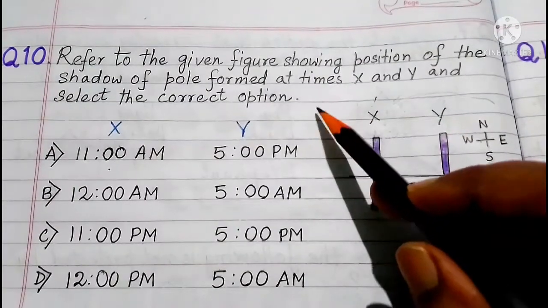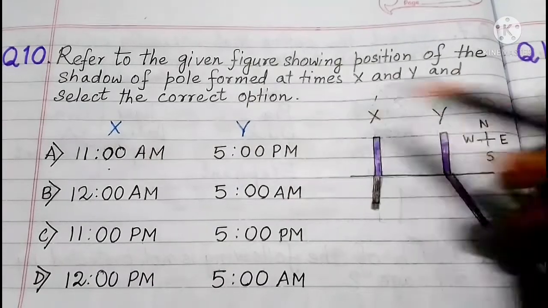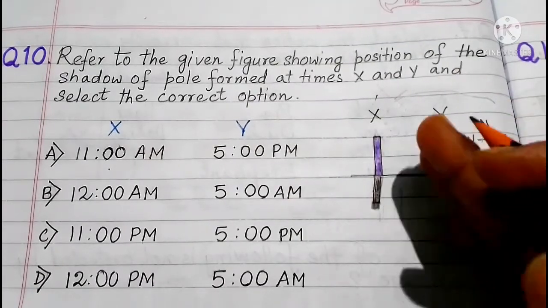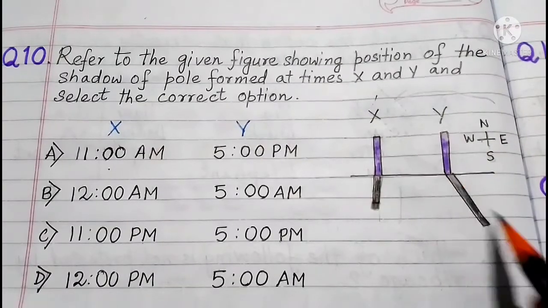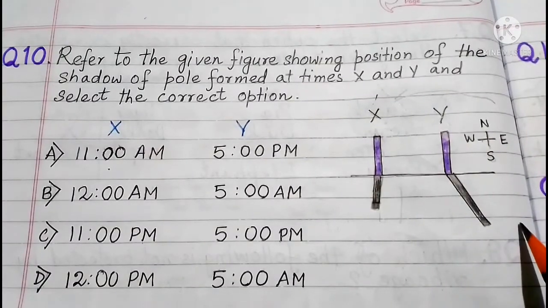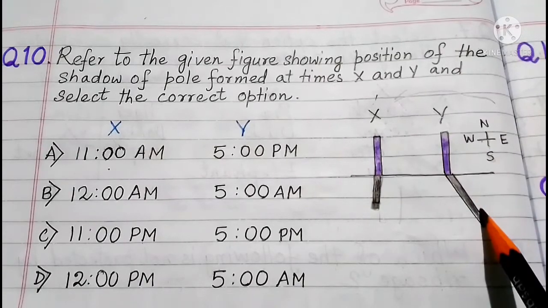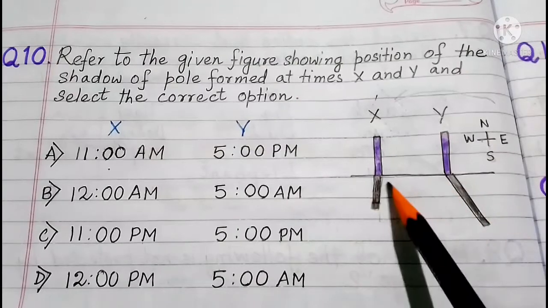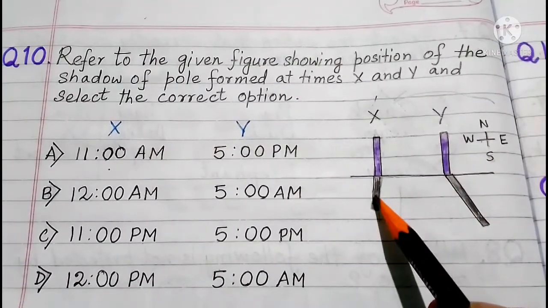That means it's sun setting time. So when the sun is here, then the shadow should be slanting towards this side actually. Okay, so this could be around 5 p.m. at the time of sun setting. And this could be around 12 o'clock, but not actually 12 o'clock. It is less than 12 o'clock.